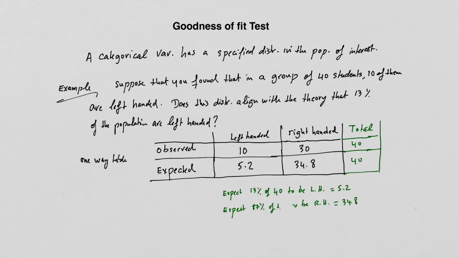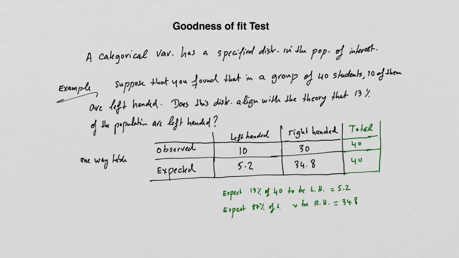So I'm going to work out an example, and I made it simple in a sense that my category doesn't have like 5 columns. I just made a 2-column one. Suppose that you found in a group of, let's say, 40 students at your school, that 10 of them are left-handed. I actually went online to see what percentage of the population is left-handed, and I found that it is 13%.